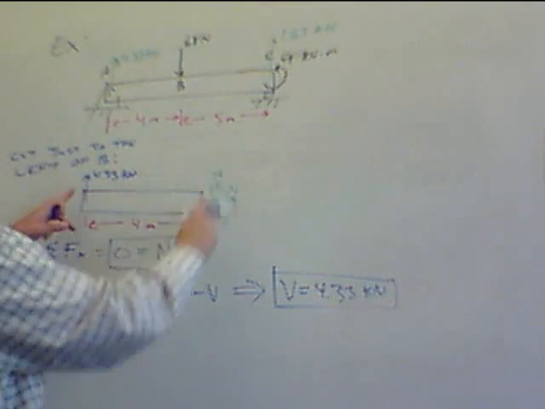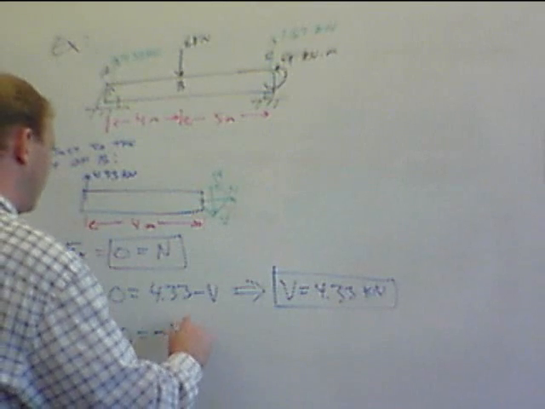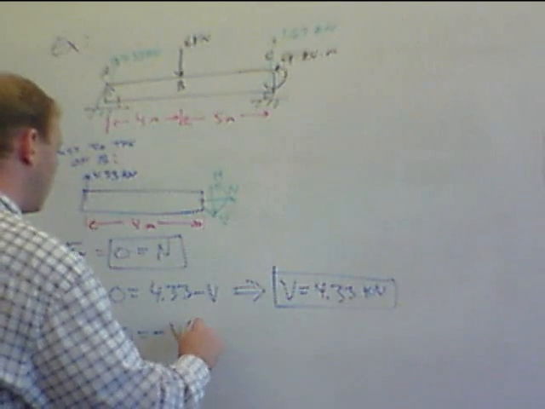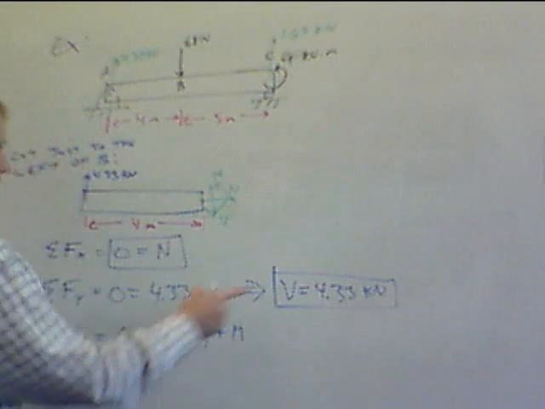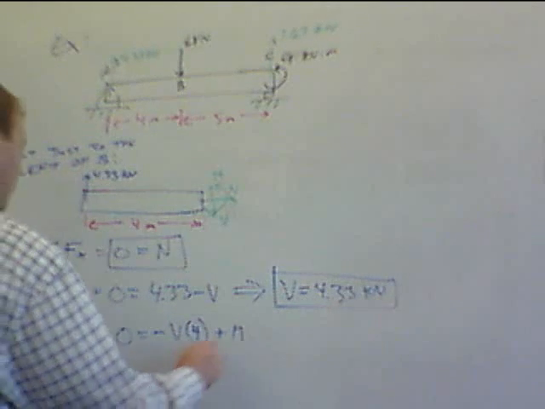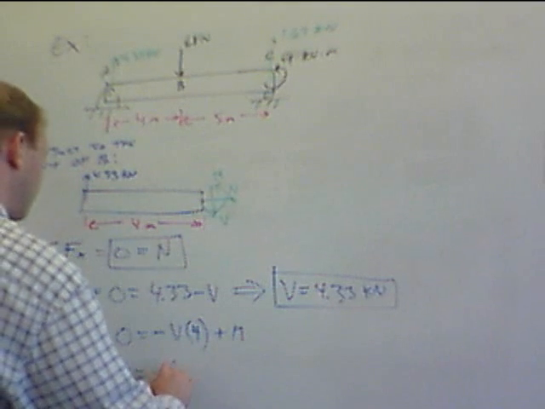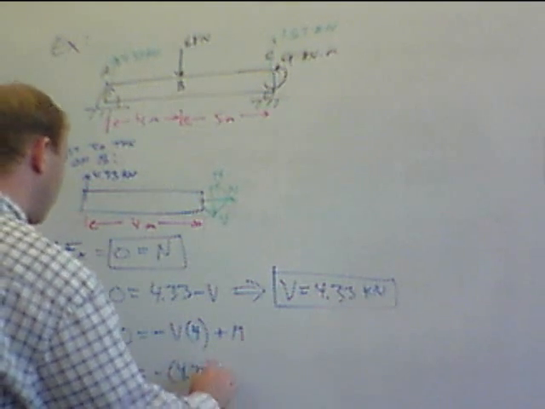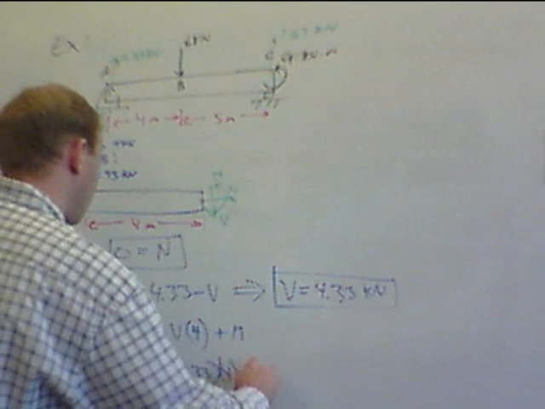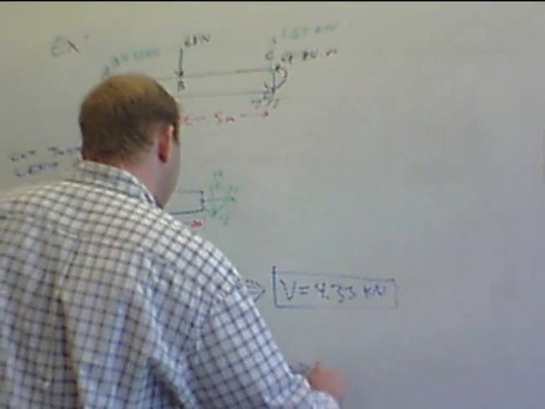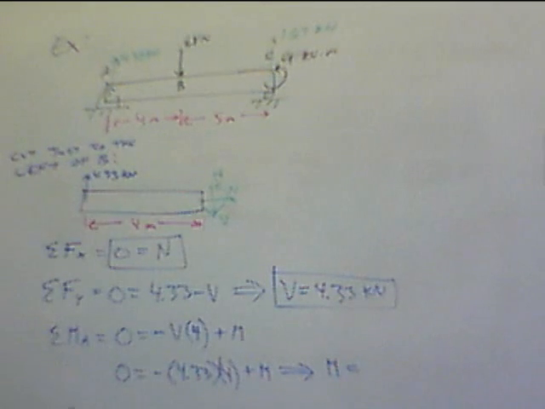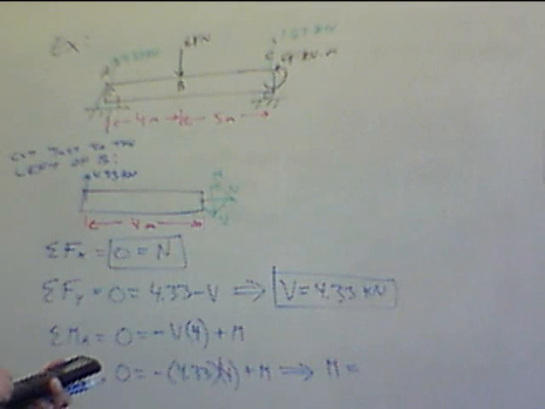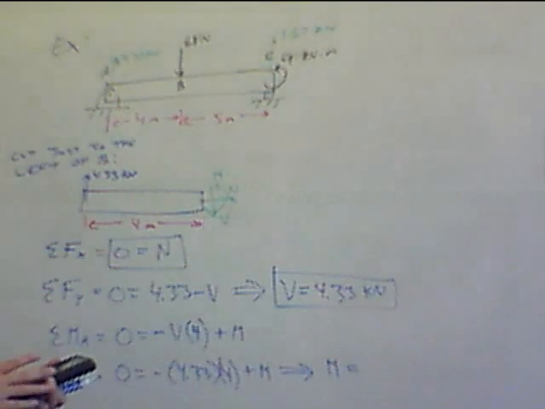So this is going to be clockwise, so minus V times 4, plus M is in the counterclockwise direction. We know V already, so 0 equals minus 4.33 times 4 plus M, which gives us that M is equal to 4 times 4.33, which is 17.33.